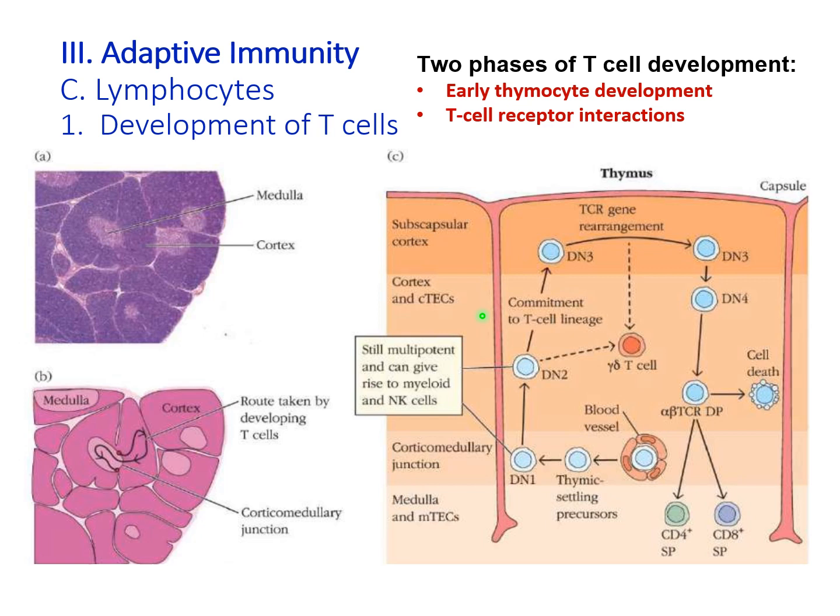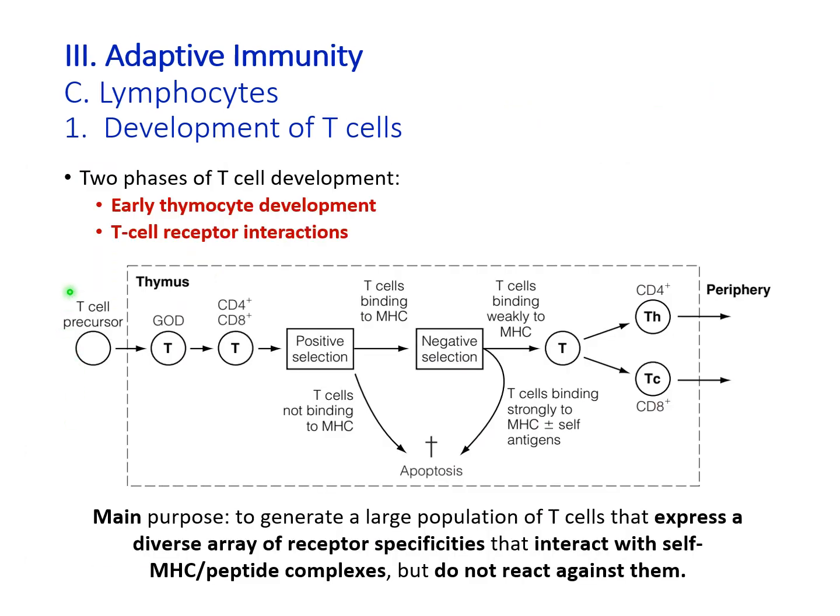There is also initiation of the T cell receptor gene rearrangements and expansion of cells that have undergone these gene rearrangements successfully. The second phase of T cell development is T cell receptor interactions. This involves positive selection and negative selection.